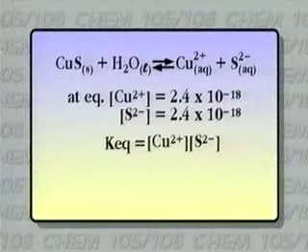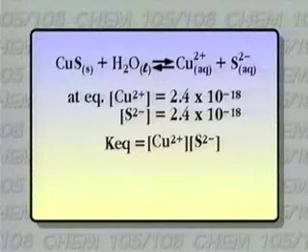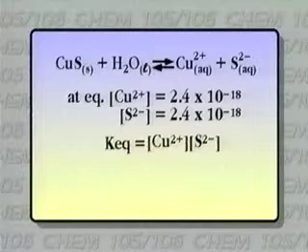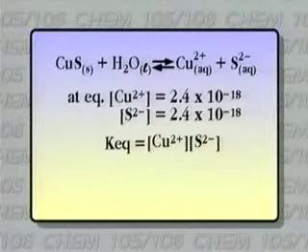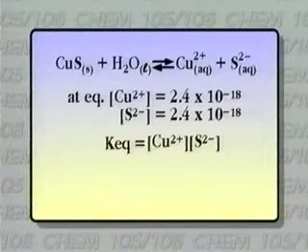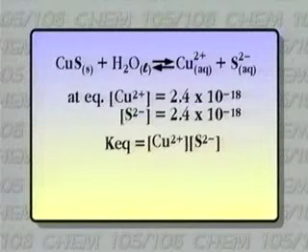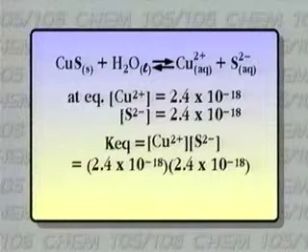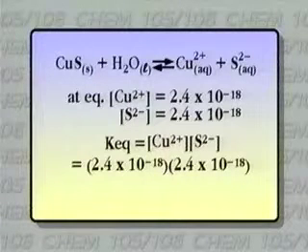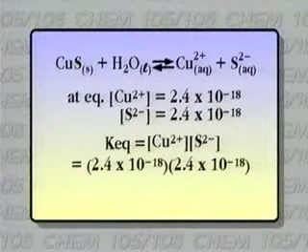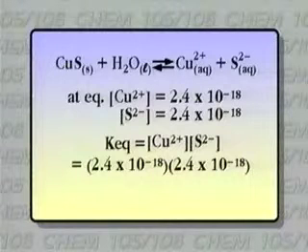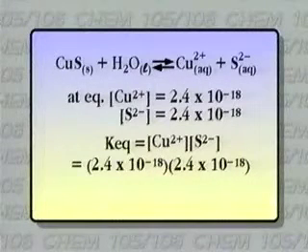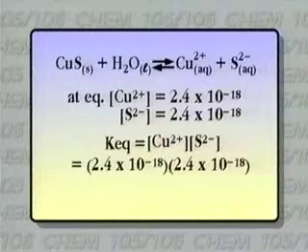Now, we want to calculate the equilibrium constant. We've got the numeric values and we know the ratio of them. All we have to do then is put in the numbers. So we have 2.4 times 10 to the minus 18 for the copper ion, multiplied by 2.4 times 10 to the minus 18 for the sulfide.